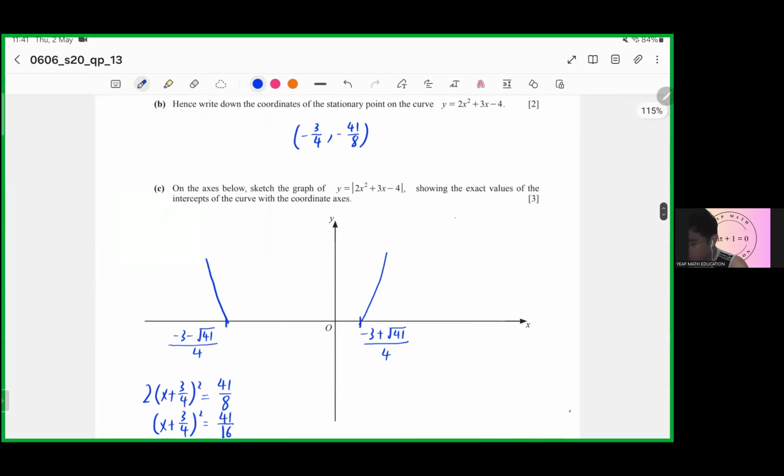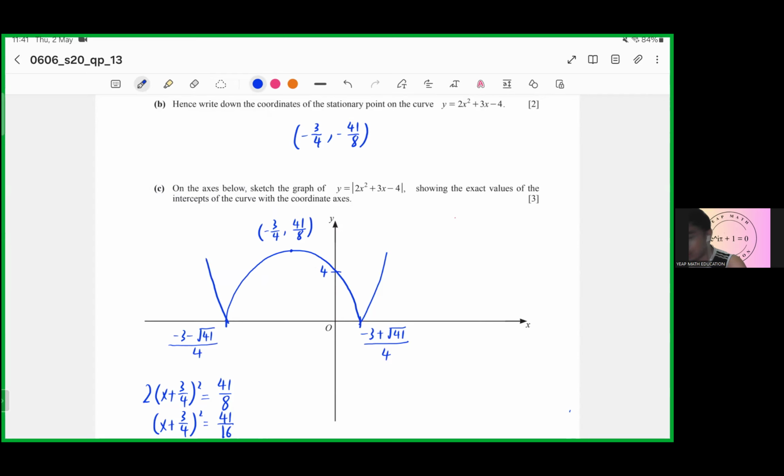Now we sketch here. Here is 4, and then it becomes the maximum point, 41 over 8. I hope you can understand.